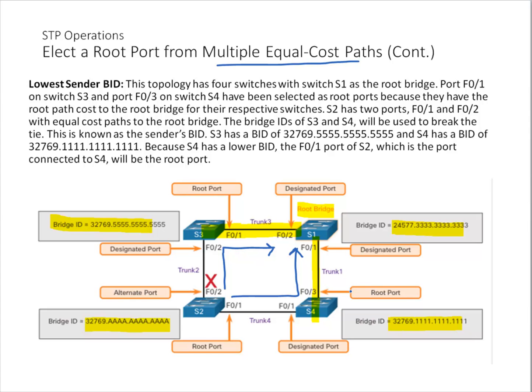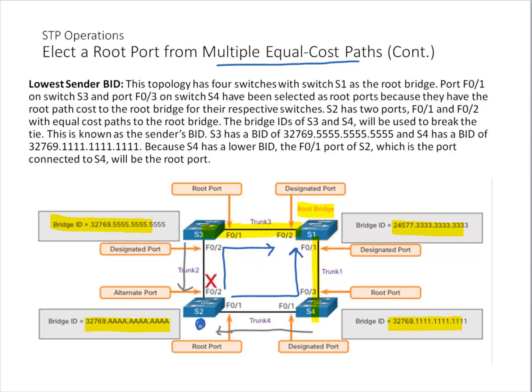Now you can see this is S2. For S2 everybody is sending the BPDU, bridge protocol data unit. I am talking about the first step. S4 is sending its own BPDU to S2, and S3 is also sending the BPDU to S2.